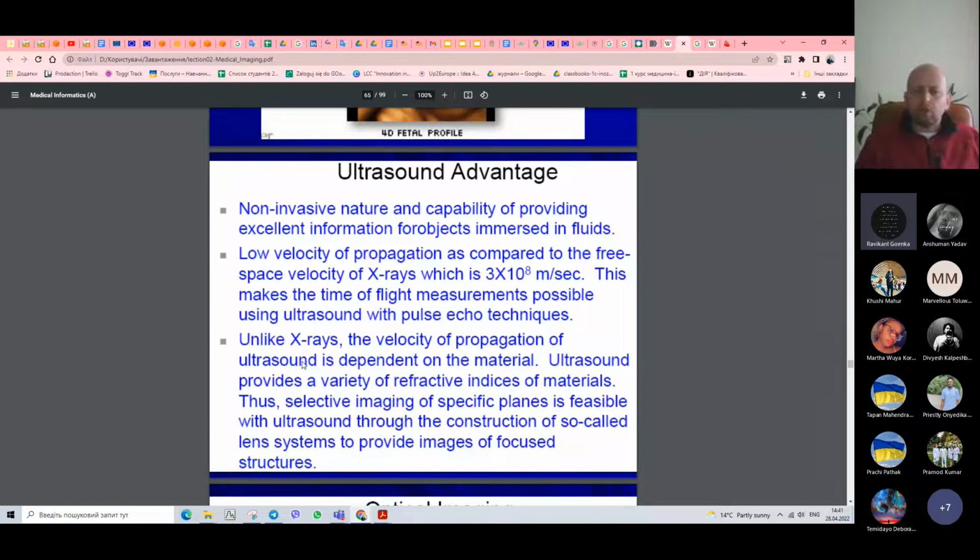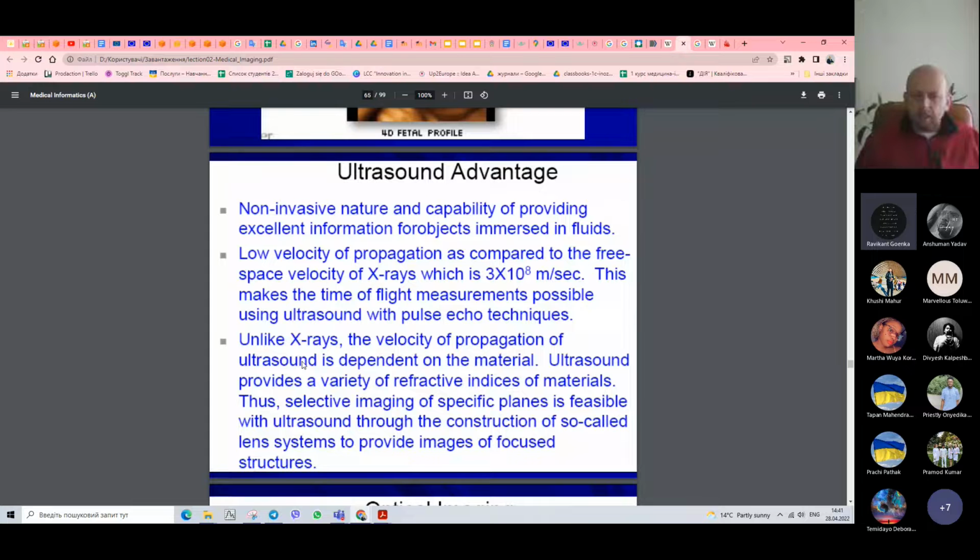Low velocity of propagation as compared to the free space velocity of X-ray, which is 3 by 10⁸ meters per second, makes the time of flight measurement possible using ultrasound with pulse echo techniques.